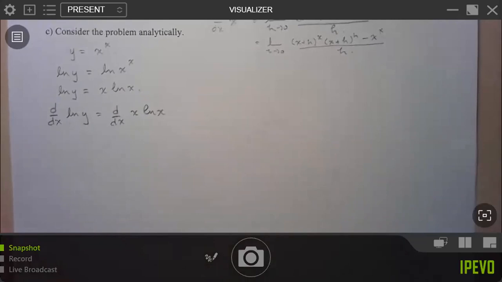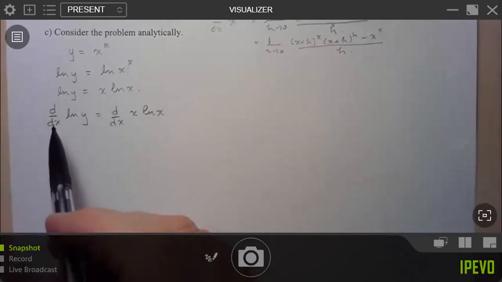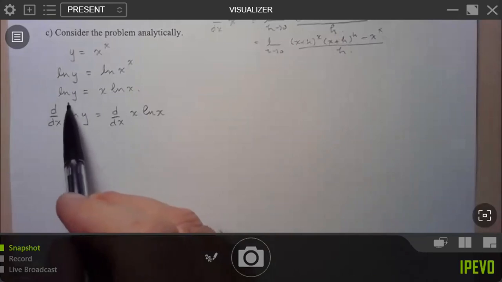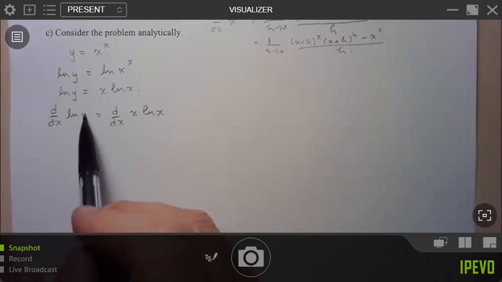And again, this is a problem we came across a few days ago. What is the problem in taking the derivative of that left-hand side? It's not in terms of x. Exactly. I'm taking a derivative with respect to x, but what I'm taking the derivative of is ln of y.